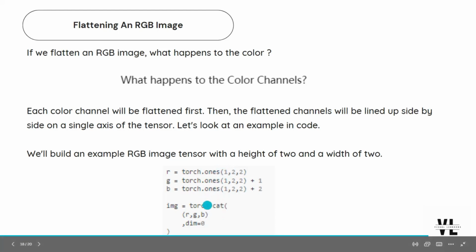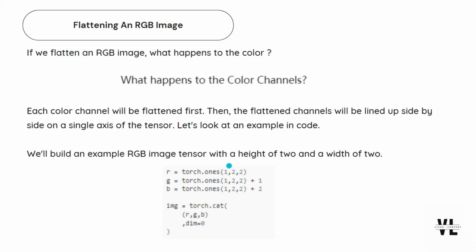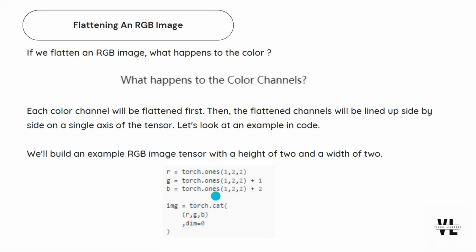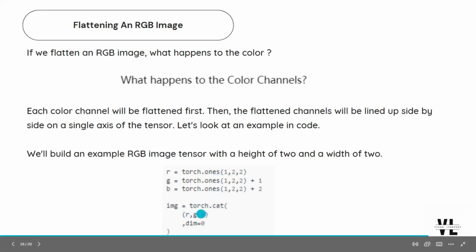Concatenation combines them on the mentioned dimension or the existing axis. But if you want to stack them on a different axis, then you need to use stack, or if you use concatenate, you need to add the 1 so that it adds a new axis first and then it combines them across the new axis.